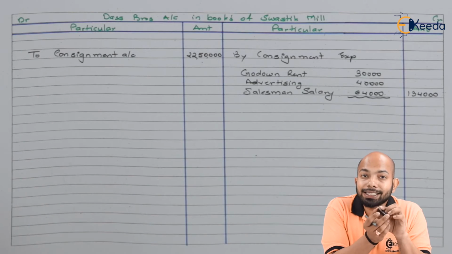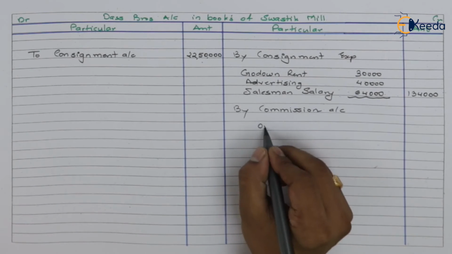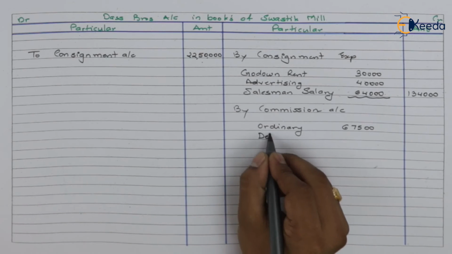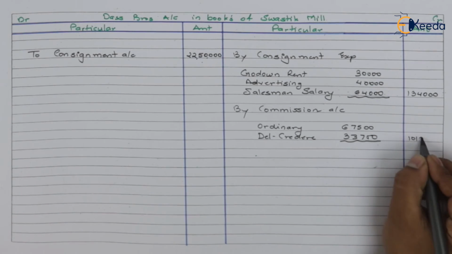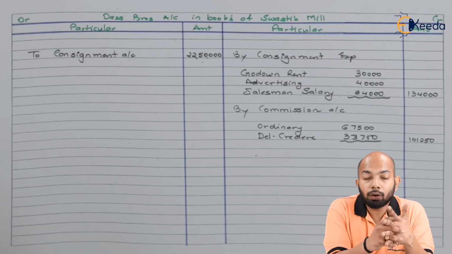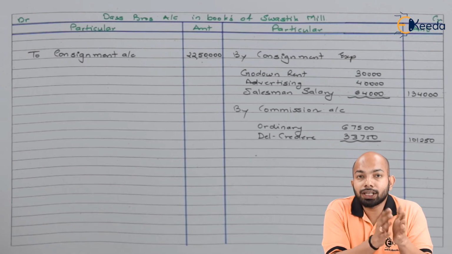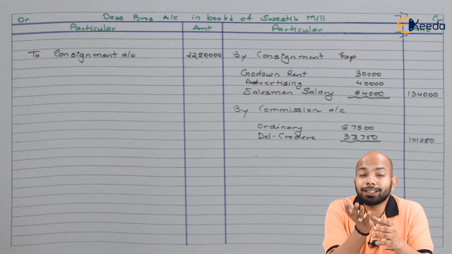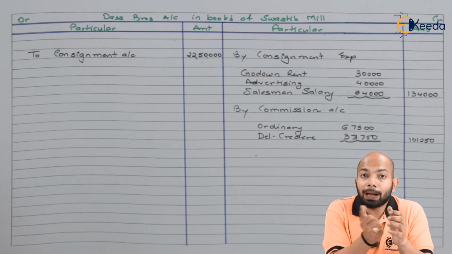And next one that we'll be passing is the commission entry. So this is the closure of consignee account now. Now here we'll be balancing. That means you can clearly see debit side is more as compared to the credit side. So the balance in the credit side will be the balancing figure.